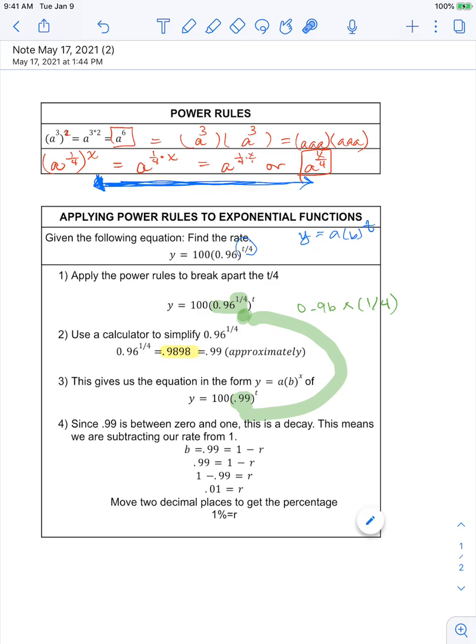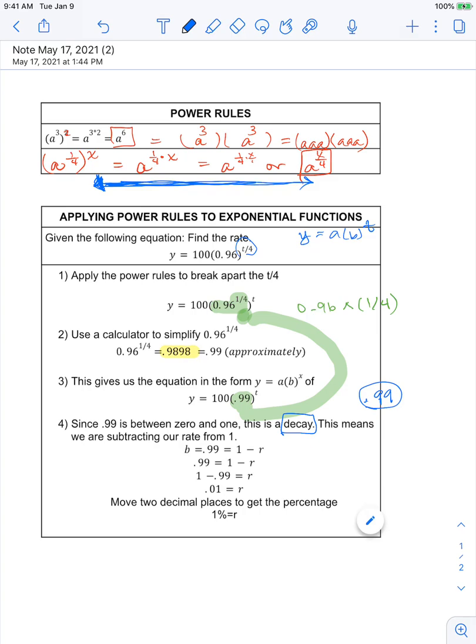And now I got to answer the question of the rate. And the rate, my b, is a decay. And I know that, so it's a decay. And I know that because my 0.99, right, this part, is between 0 and 1. So that makes it a decay. And when I'm using a decay, I am subtracting a rate from 1.